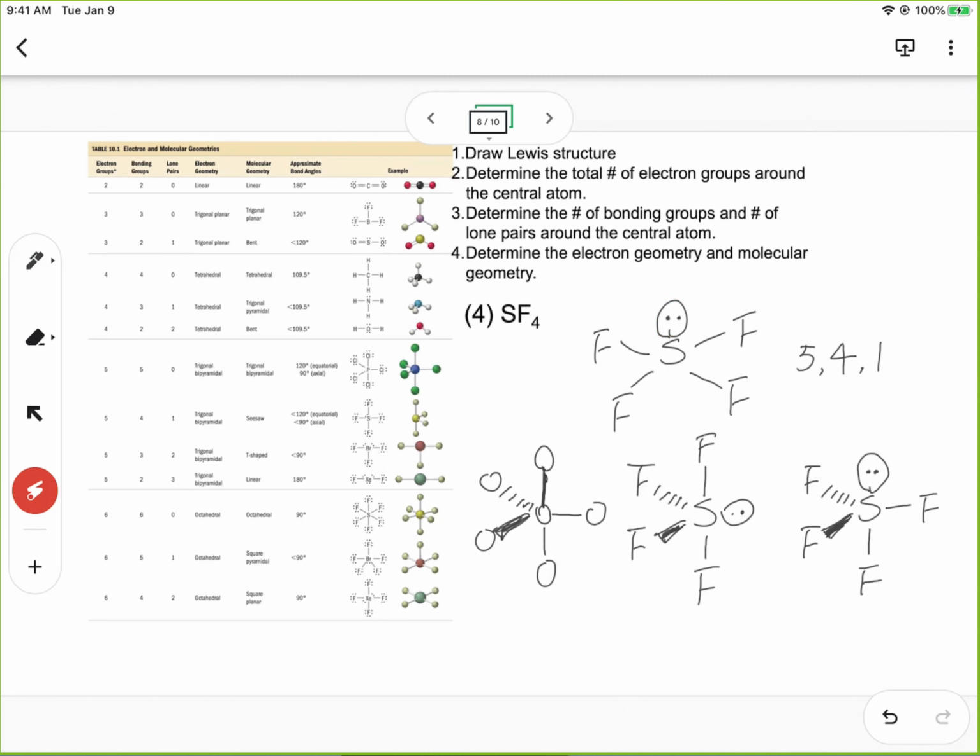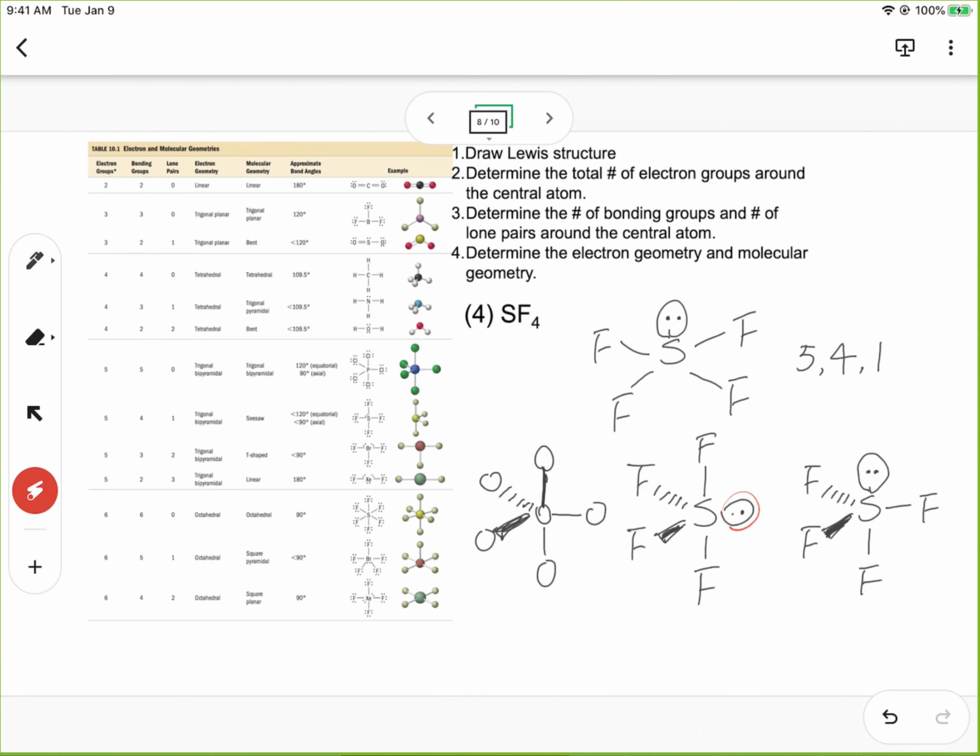So because of this, those four surrounding atoms want to stay away from this lone pair as much as they can. If the lone pair occupies one of the two axial positions, then you have 90 degree, 90 degree, 90 degree with three fluorines, and of course 180 degree with one fluorine.